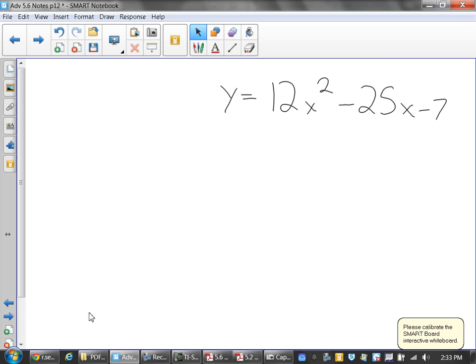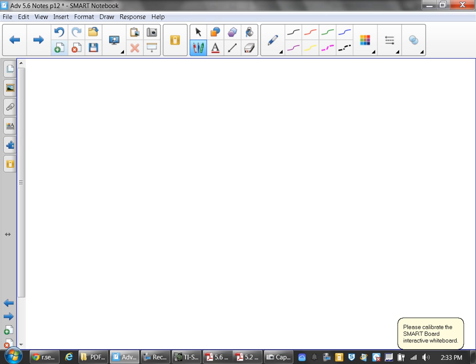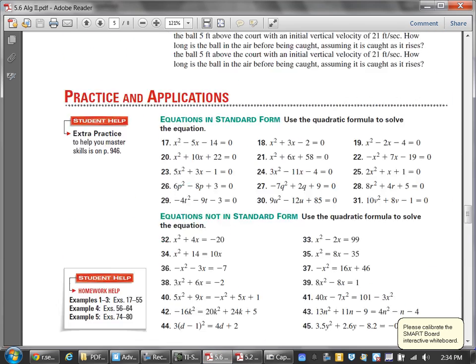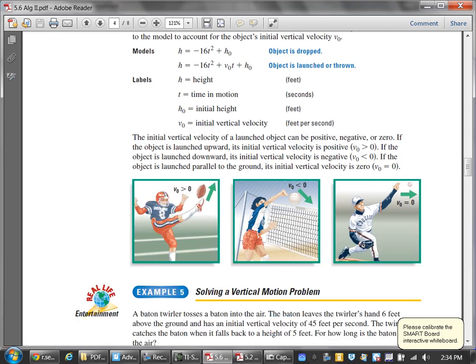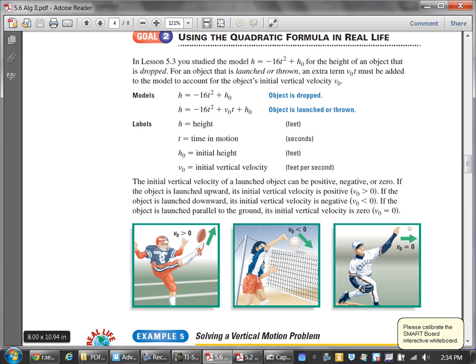Okay. Now, the other thing I wanted to talk about when we're walking through some of these problems is remembering parts of parabolas again. When we're dealing with stuff that's in section 5.6, they talked about a model with initial velocity.